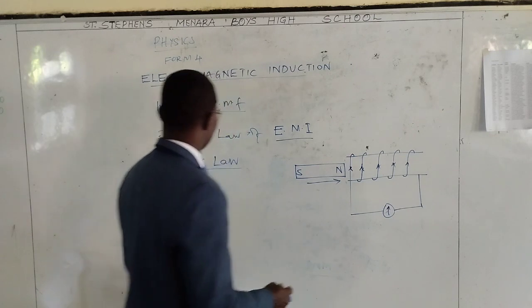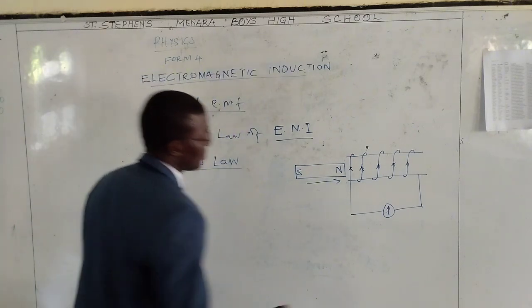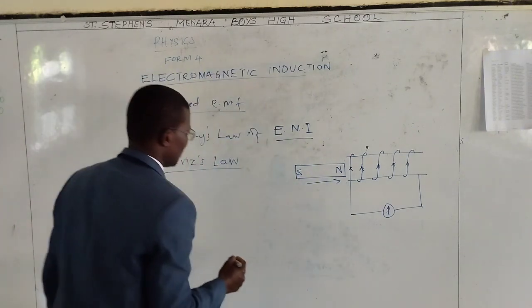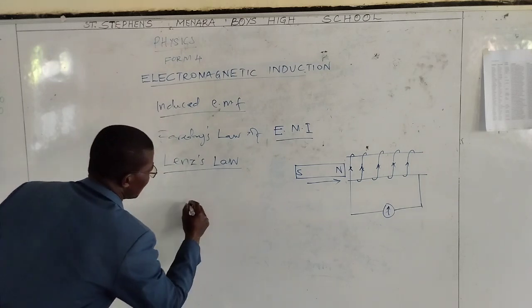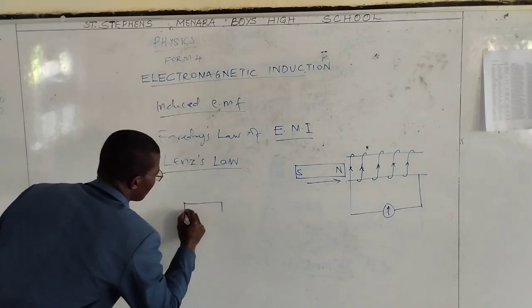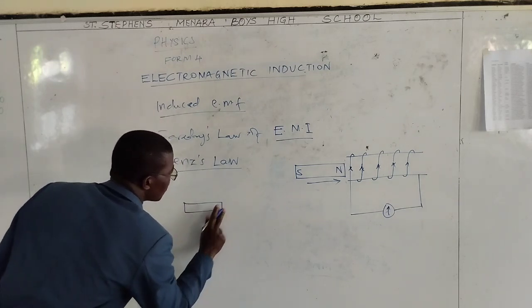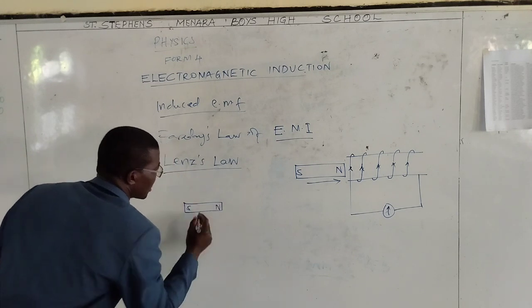Now, if the magnet is being withdrawn from the coil, you can use this diagram here. North, south.